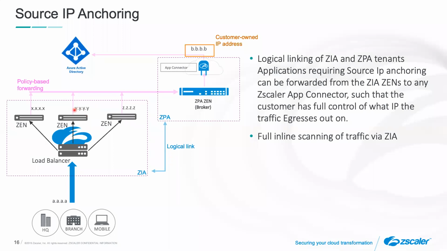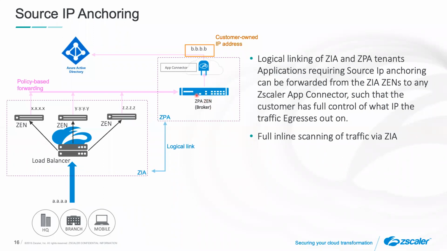In order to solve that problem, we needed a way to make sure that the traffic to Active Directory always comes from a trusted IP. So the way we were able to achieve that is, instead of forwarding the traffic directly to the internet, in which case it is bound to take one of these IPs as its source, the traffic is logically linked to the ZPA broker.